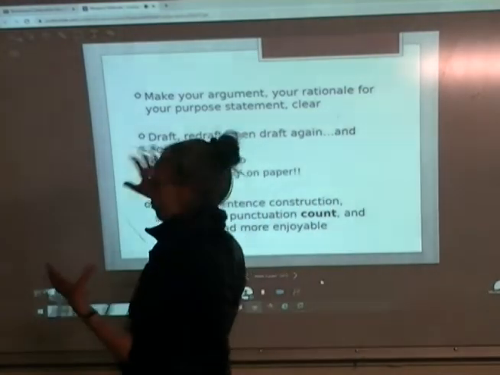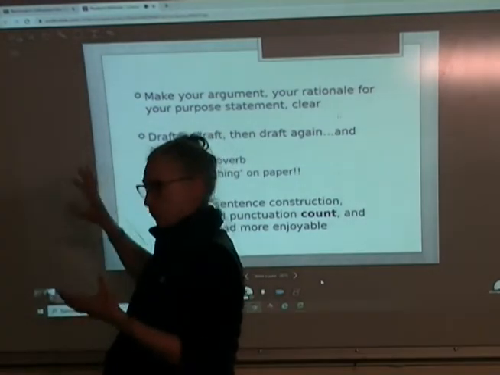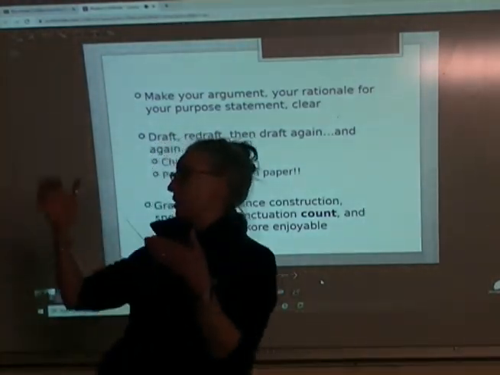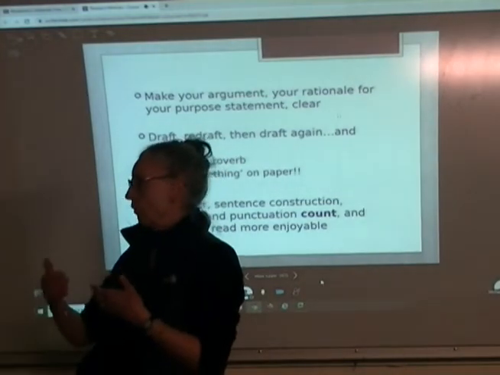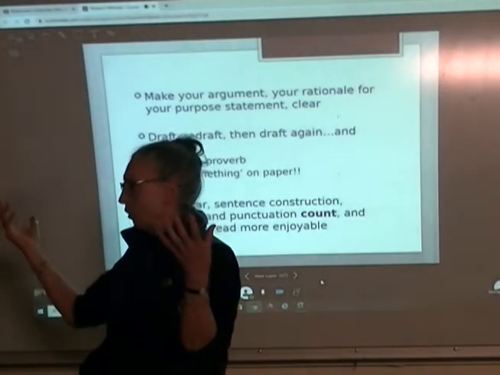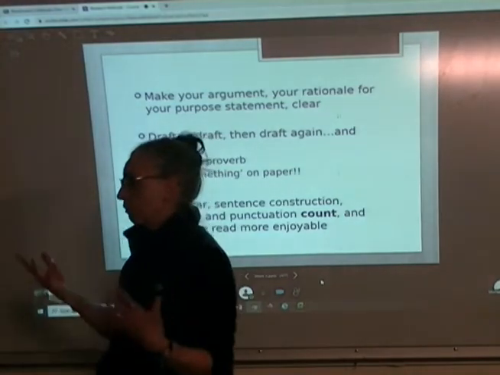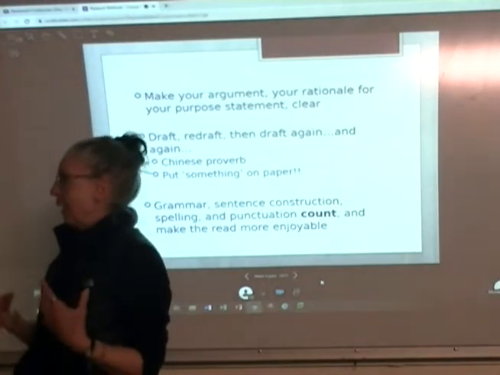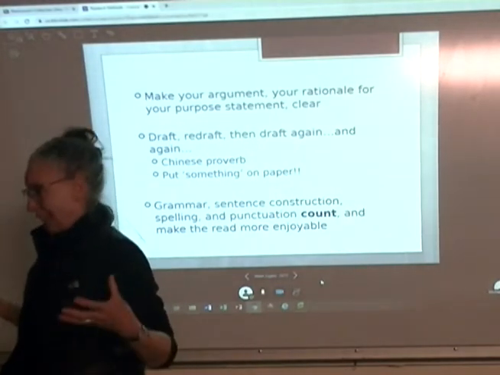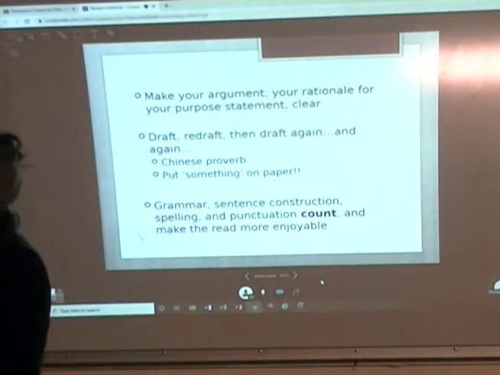They went through draft, redraft, draft, draft, before they even submitted it to a journal. And when it goes to a journal, the editor farms it out to reviewers. The reviewers read it and scribble all over it and send it back, and then you have to draft it again and send it back in, right?